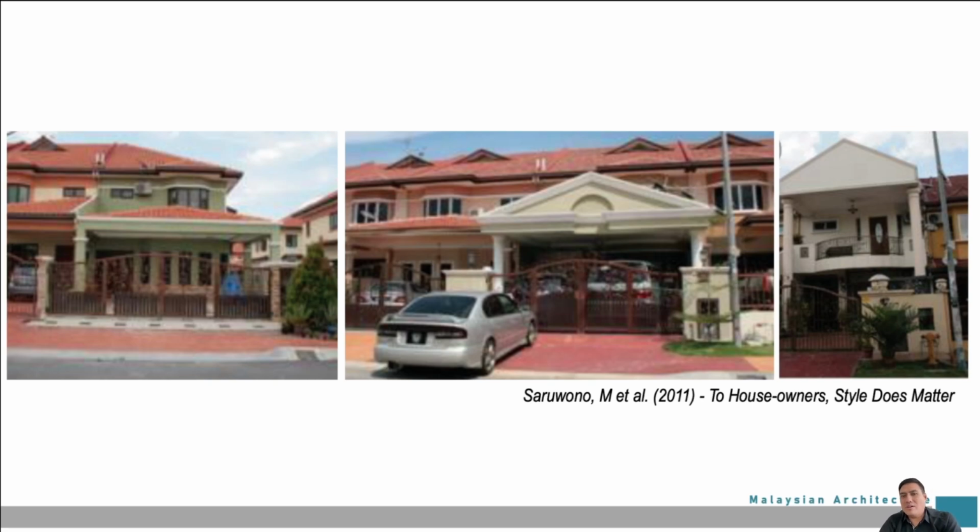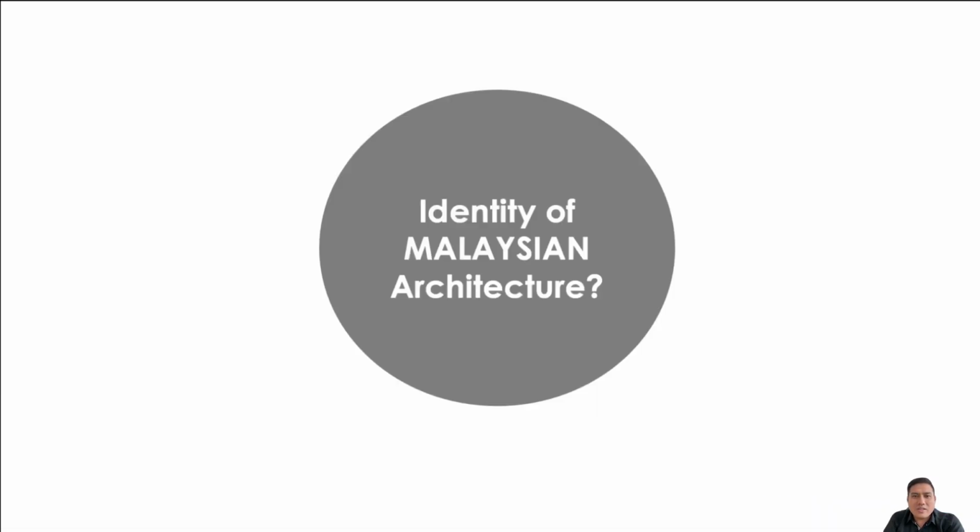This triggers the question, and even I somehow wonder why people still apply that into their house. Actually it's related to the topic that we're going to discuss today, which is the identity of Malaysian architecture.